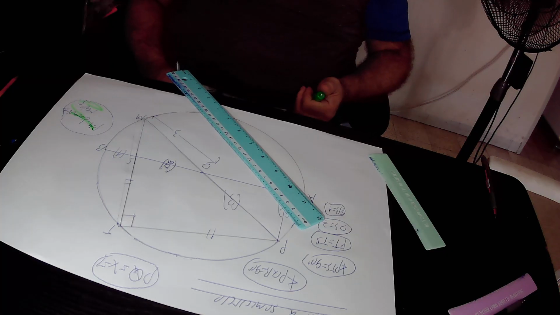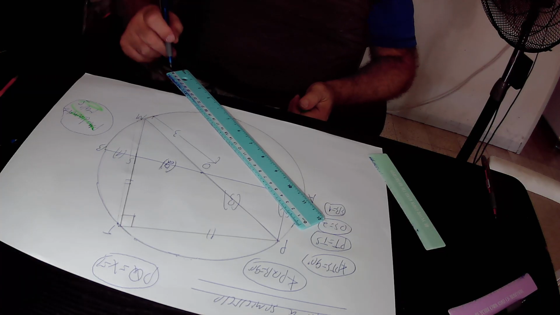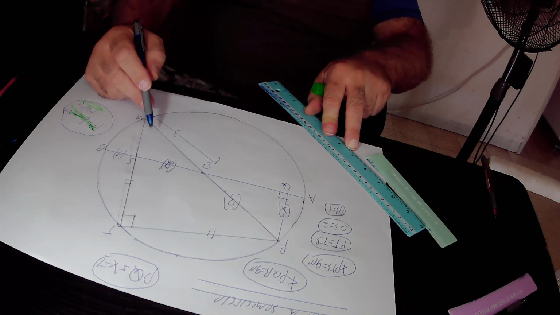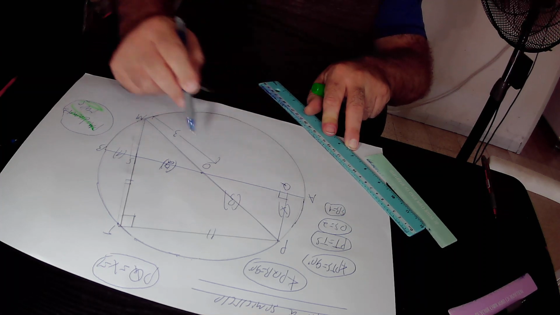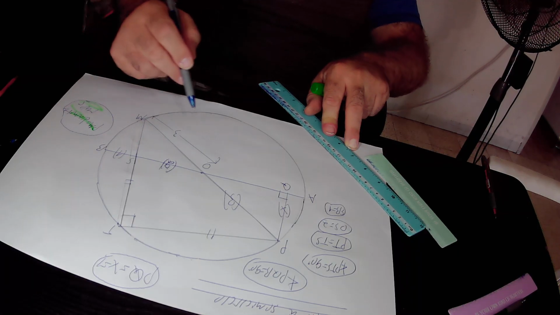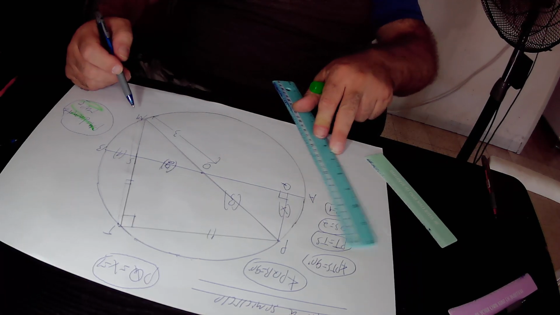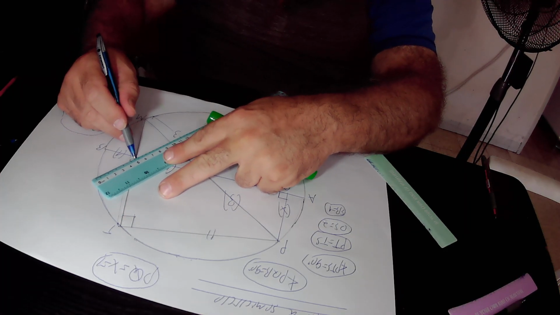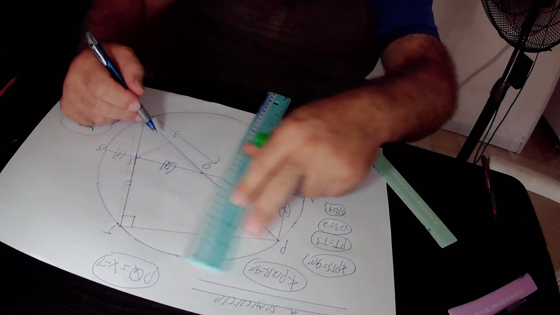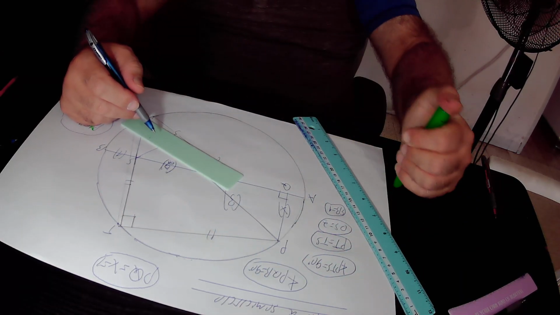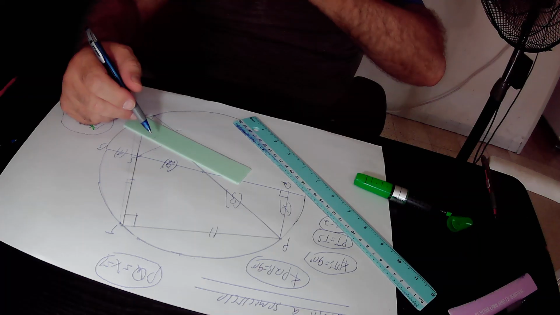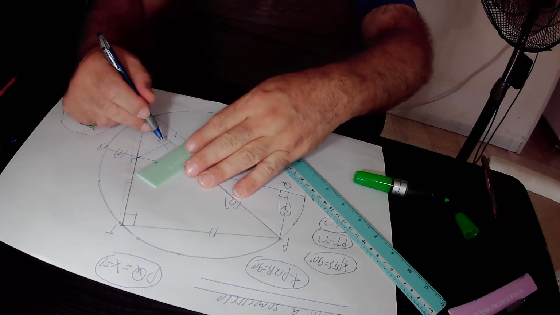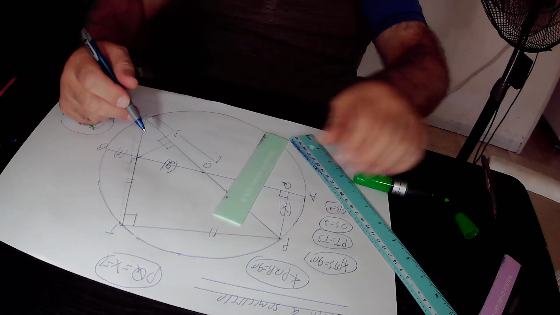In the next step, we will do a construction. That is to say, from this point S, we will draw a perpendicular on the diameter PM. Again, from point S, we will draw a perpendicular on the diameter PM. So actually, this angle equals 90 degrees, and this angle also equals 90 degrees according to our construction.